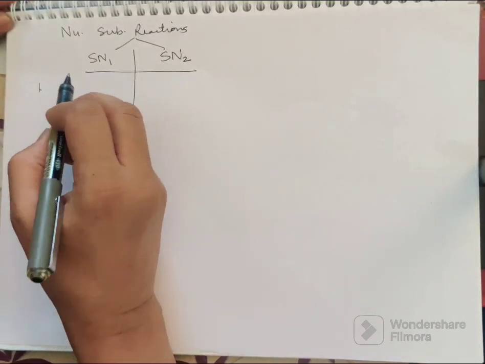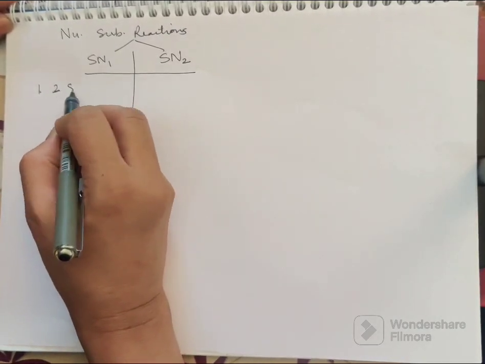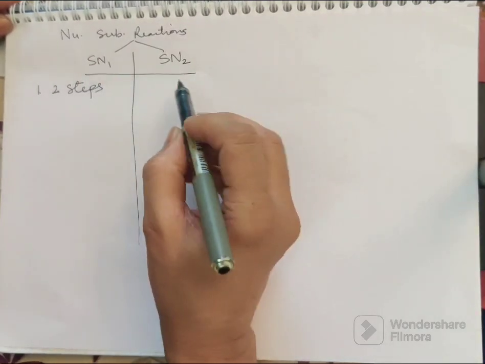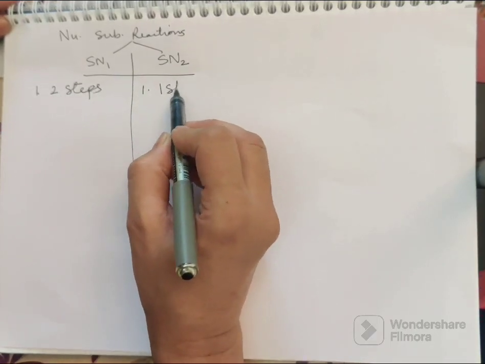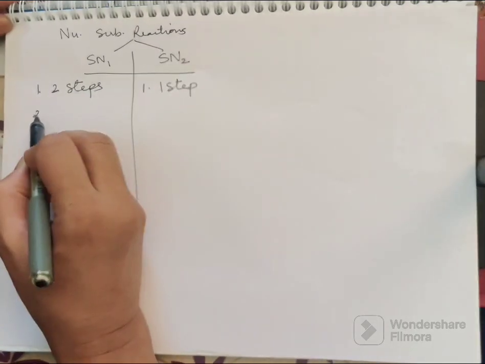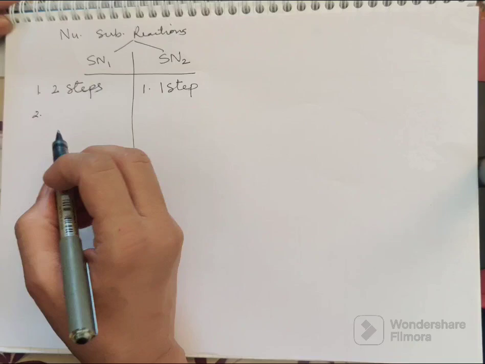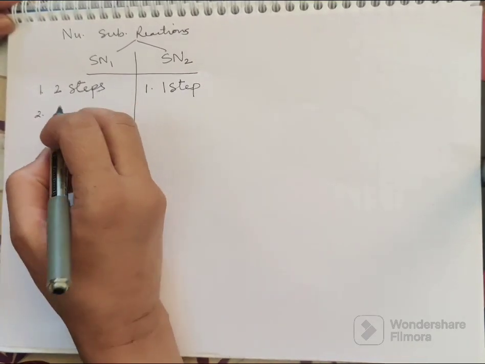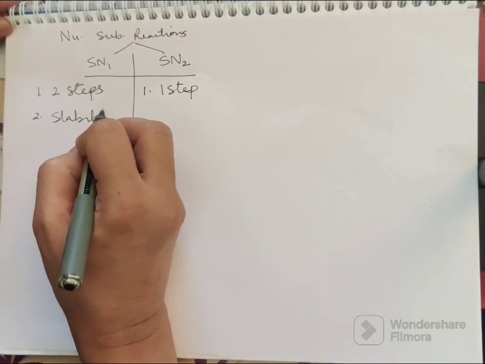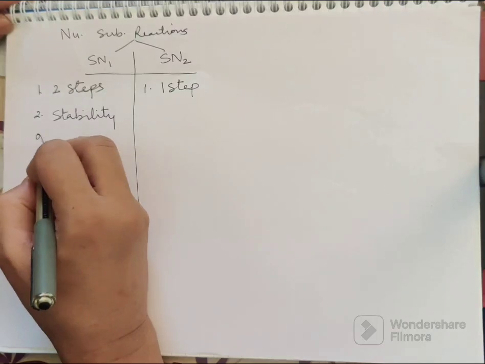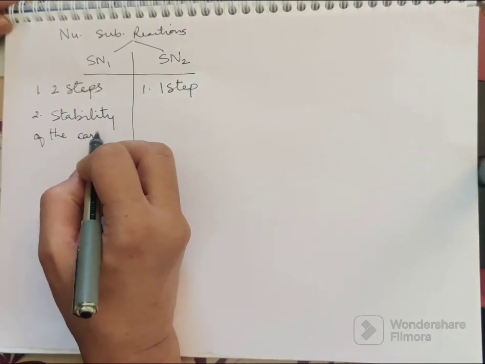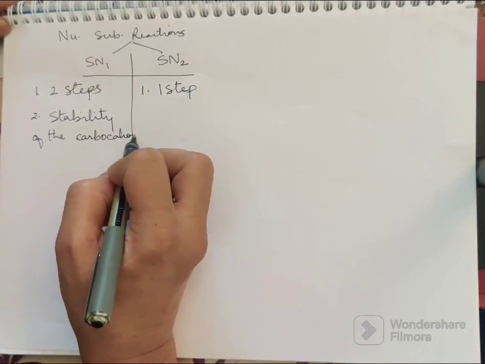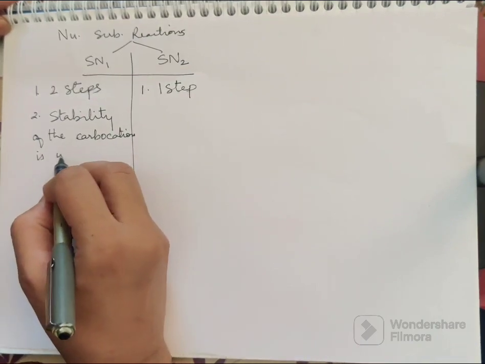SN1 takes place in 2 steps, whereas SN2 takes place in 1 step. In SN1, the stability of the carbocation is important.